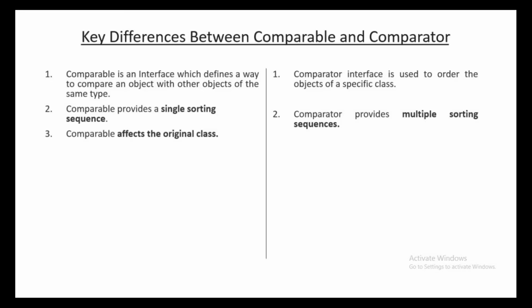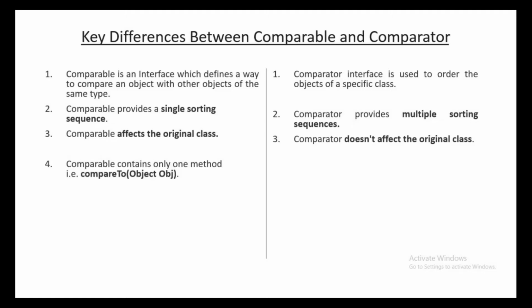In other words, we can sort the collection on the basis of multiple elements such as employee ID, name and salary. Comparable affects the original class. That means whenever we need to add any new changes, we need to modify the class. And Comparator does not affect the original class. That means it's not modified at all. Comparable contains only one method, that is compareTo.